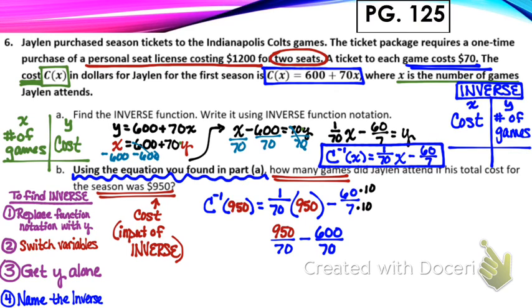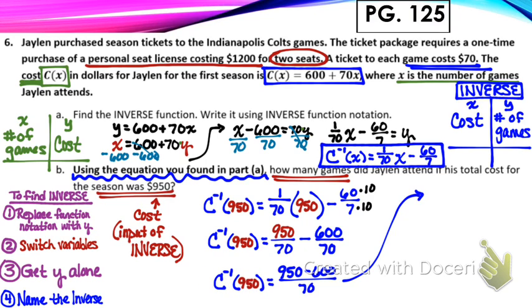Now I can subtract those two numbers, 950 minus 600. I think you were right the first time. 350. So I'm going to have 350 in my numerator and 70 in my denominator. Can I divide those?